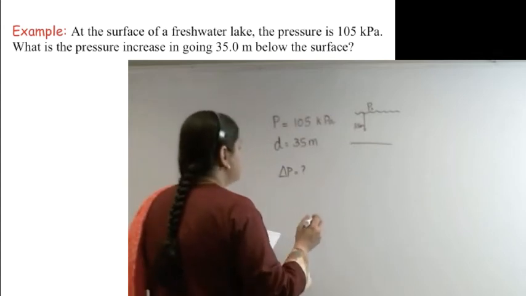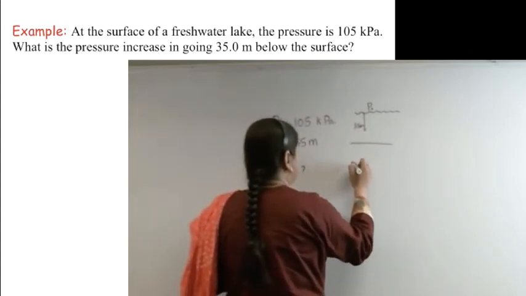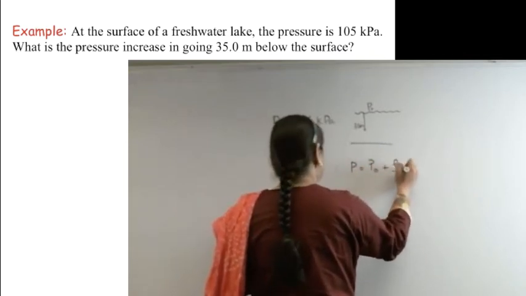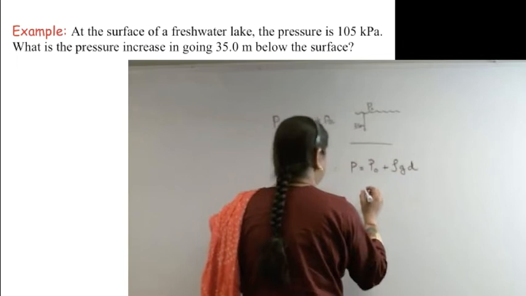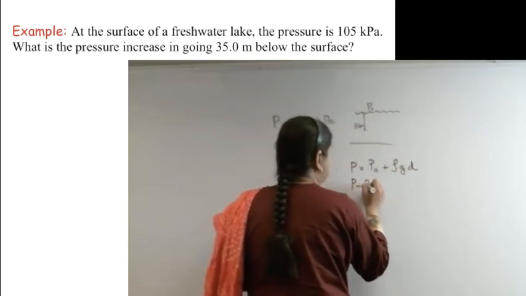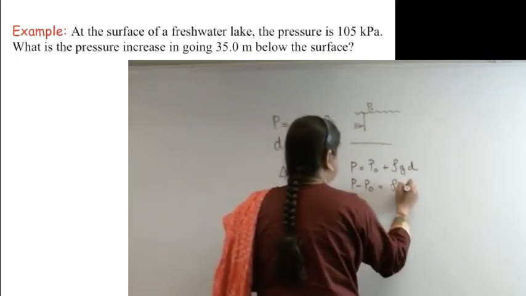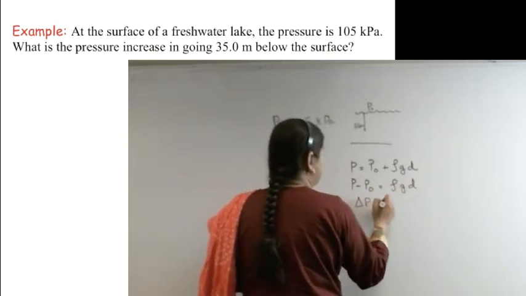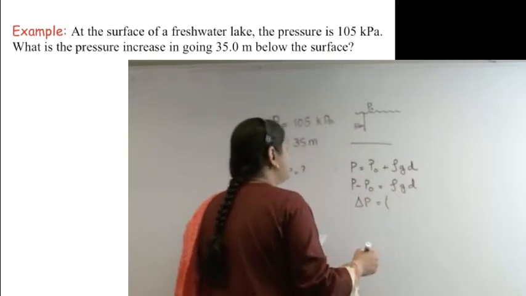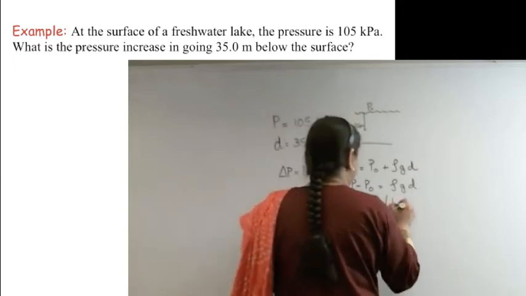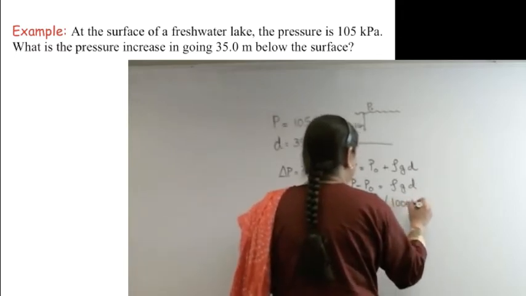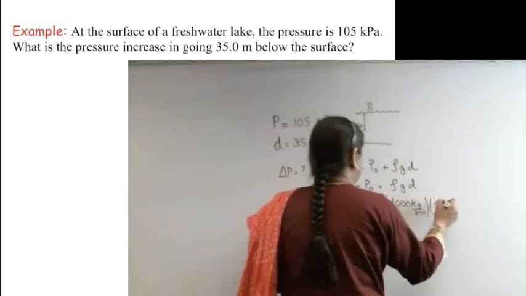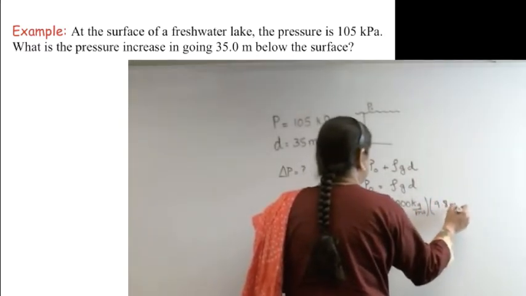So I can use my equation P equals P naught plus rho g D. P minus P naught will be equal to rho g D. That means delta P will be equal to rho. For fresh water, rho is going to be 1000 kilograms per meter cubed. g is going to be 9.8 meters per second squared.